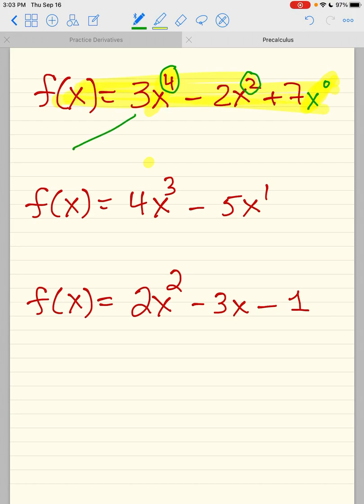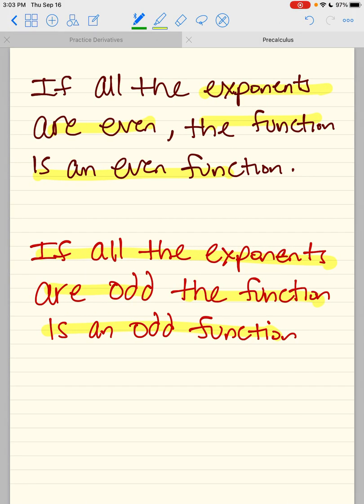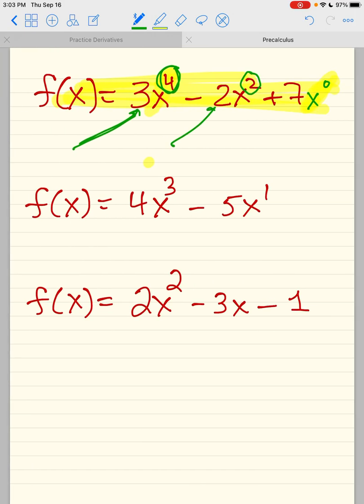We're not looking at the numbers in the front. I know 3 is an odd number. We're just looking at the exponents. If all the exponents are even, then it's an even function. If all of the exponents are odd, then it's an odd function. Once again, this will be symmetrical with the y-axis, and this will be with the origin.